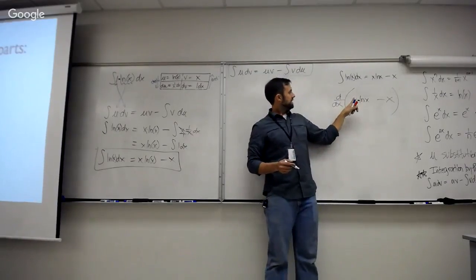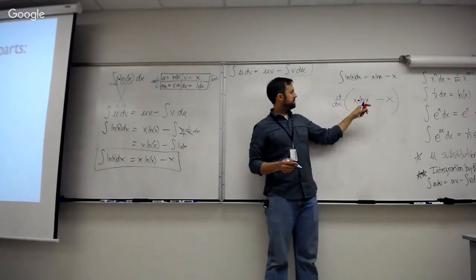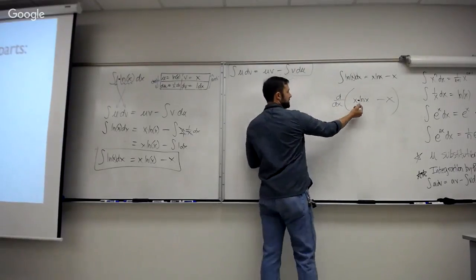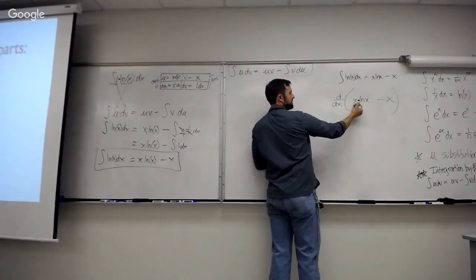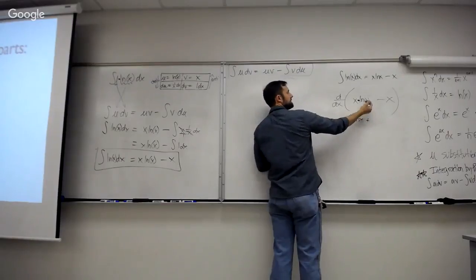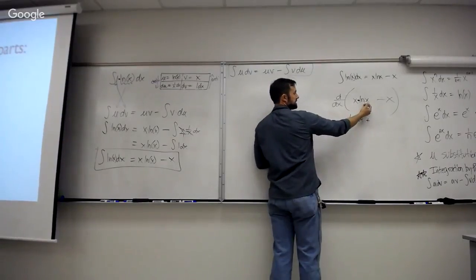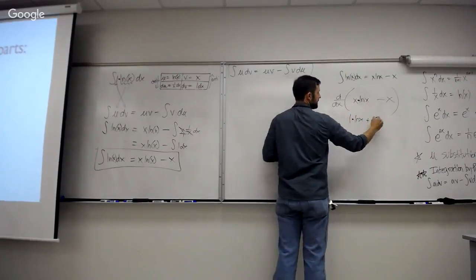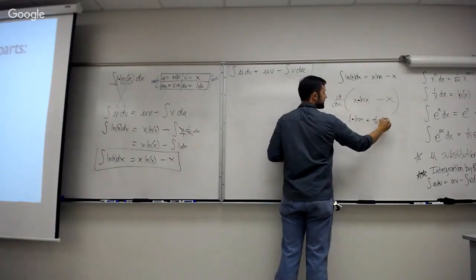The product rule says the derivative of the first times the second plus the derivative of the second times the first. What's the derivative of x? 1 times the second plus the derivative of the second, what's the derivative of natural log x? 1 over x times the first.